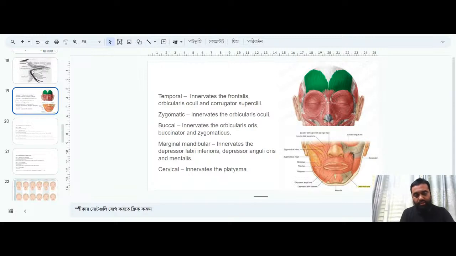And the cervical branch supplies the platysma. Platysma is not directly related with our facial expression. It is related with the tone in the skin in the neck.